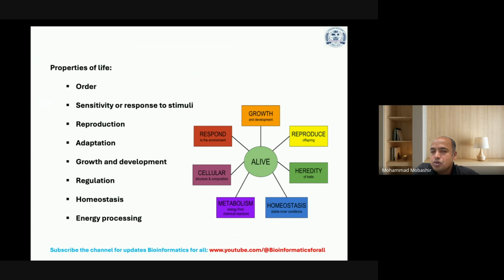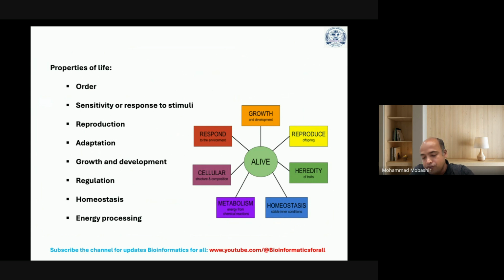And if you want to see it in a summarized way, it could look like growth, reproduction, heredity, homeostasis, metabolic activities, cellular structure and composition, and responding to the environment. That is here called sensitivity.